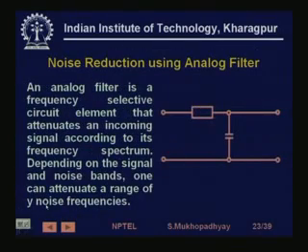These are preventive mechanisms which ensure that less noise gets into the system, but some noise nevertheless will get in, and after it gets in, the other way of removing noise is by using filters.